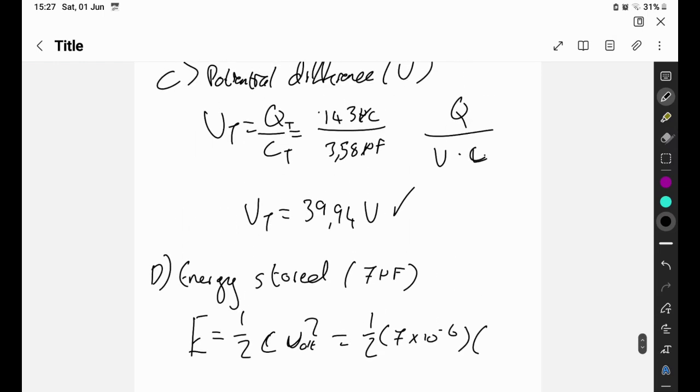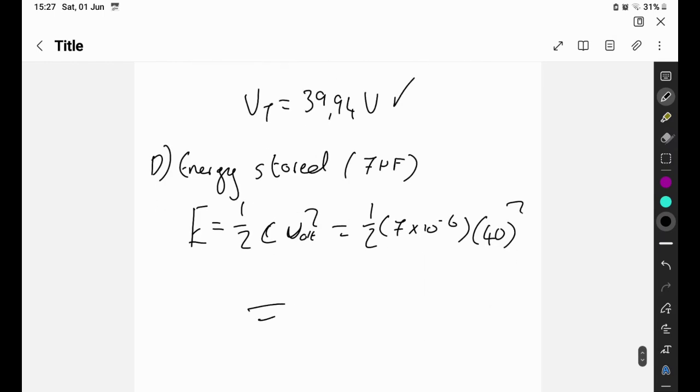What was the voltage on the 7 microfarads? I think it's the 40 squared.